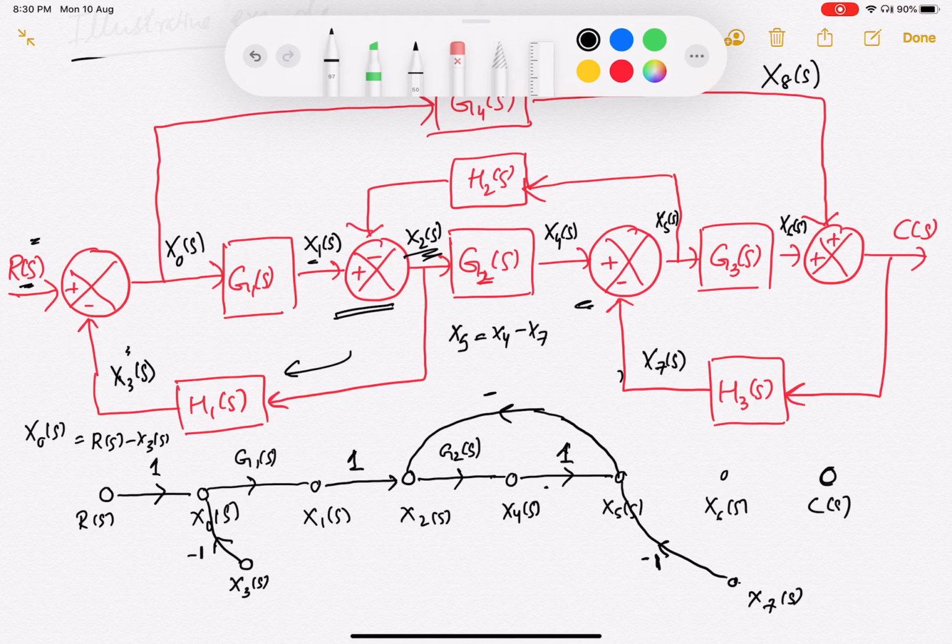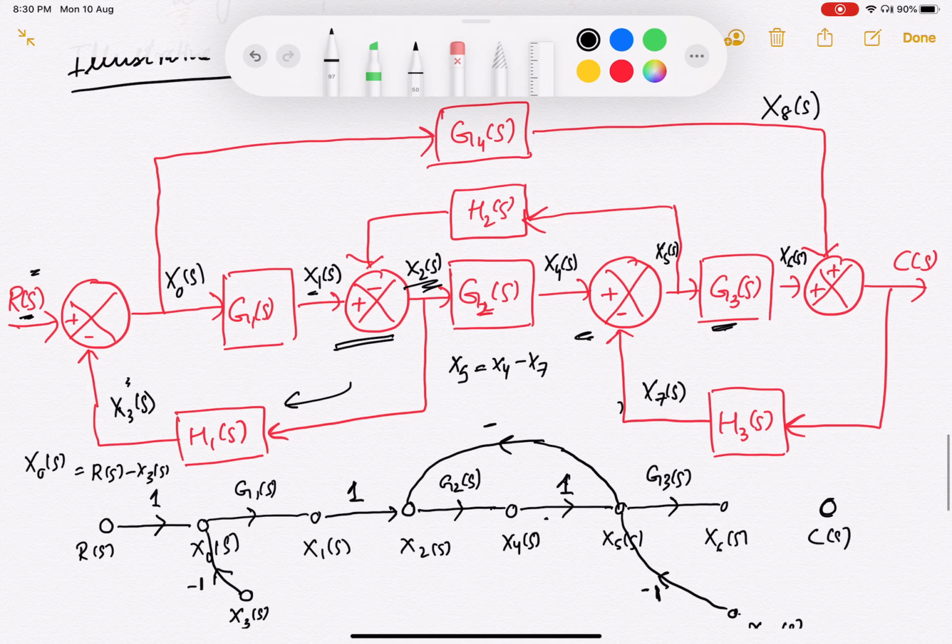Now coming to the next part, which is this G3S. So you have this G3S here. So X5 gets processed, you can multiply this with G3S to give you X6, and another summing junction here where you're adding X6 and X8. So X8 is obtained by taking this basic signal X0 and multiplying this with G4.